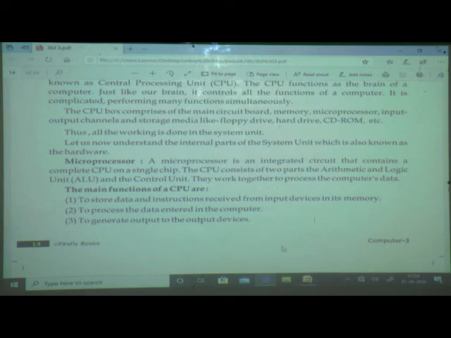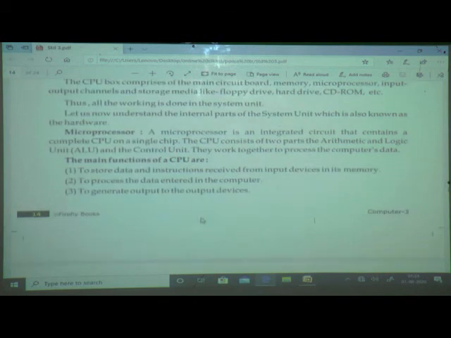Then I have to start the mixer, and then I will get the rice powder. In that example, what is the mixer doing? The mixer takes the rice first, and after processing it gives the output: rice powder. Same like that, the CPU also works. The CPU takes data, then processes it and gives the output.